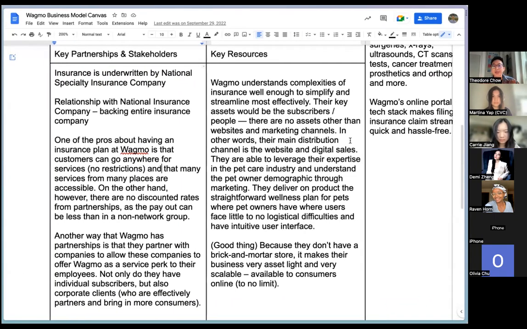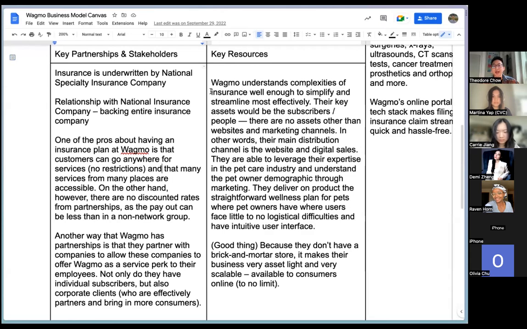Key resources, so insurance. They have to understand how to market that effectively and make sure that people are still paying that subscription fee every year to make sure their pets are getting the most out of it. So they really need to make sure that their website is up and running, that their customer service is really good, that they're able to leverage their expertise in pet care and the industry to ensure that the demographic knowledge on who they're targeting is really good, and then execute with that.